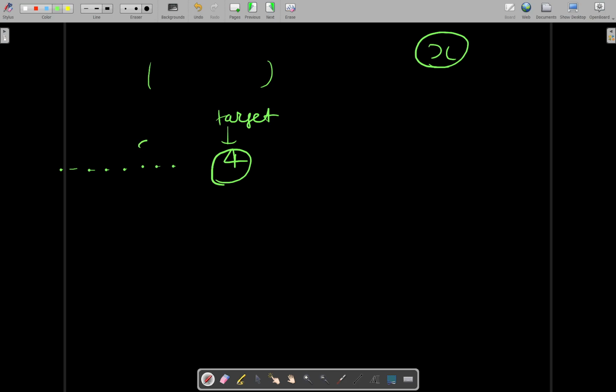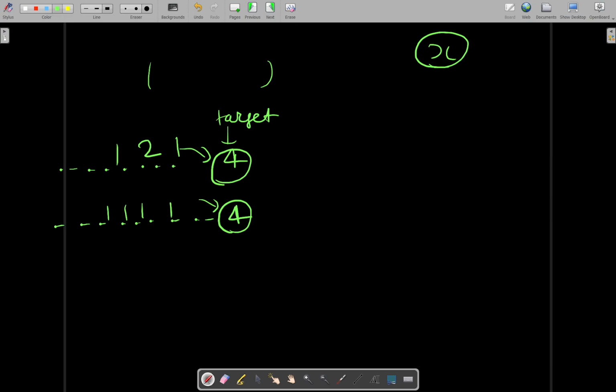Let's say you choose 2, 1, and then you again chose 1. Then you ended up at this 4. Now let's say there was another combinational sequence that resulted in 4, let's say it was 1, 1, 1, 1. So there are two combinational sequences that resulted in a particular number.